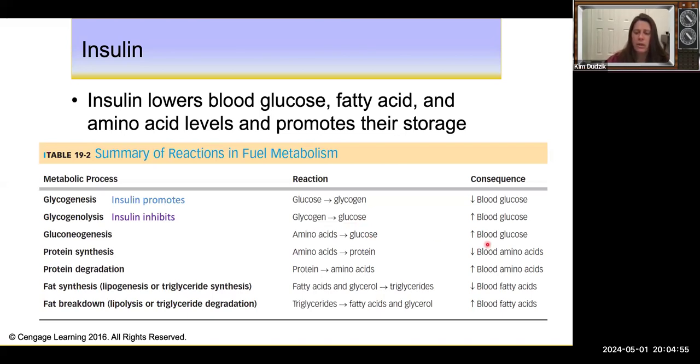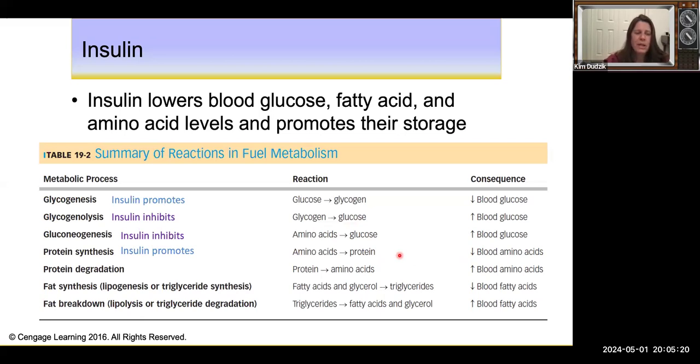That raises blood glucose levels, so that's going to be inhibitory. Okay. Protein synthesis would decrease amino acid levels. And again, remember, amino acids can be converted into glucose. So if you decrease the amount of amino acids, then that will decrease glucose. Therefore, insulin promotes protein synthesis.